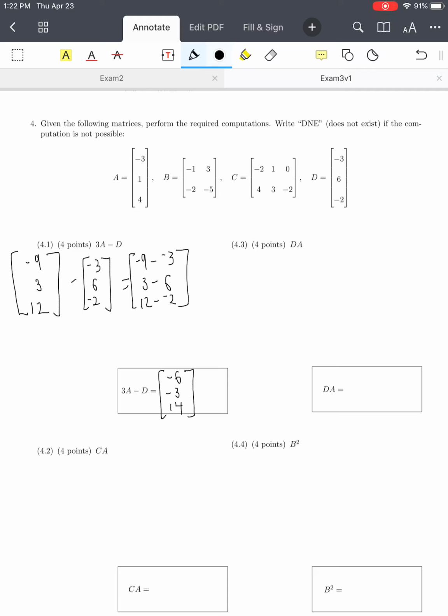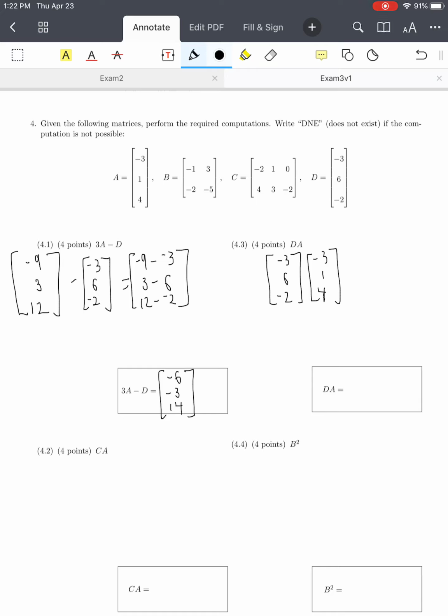Okay, D times A. So let's see here. -3, 6, -2 times -3, 1, and 4. And remember, to multiply, the columns of the first matrix have to be the same as the rows of the second matrix.